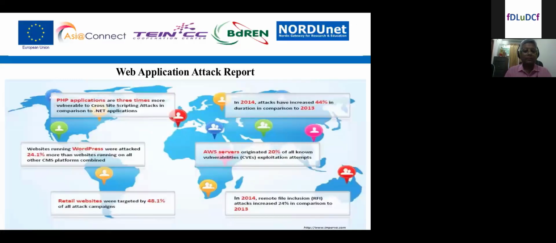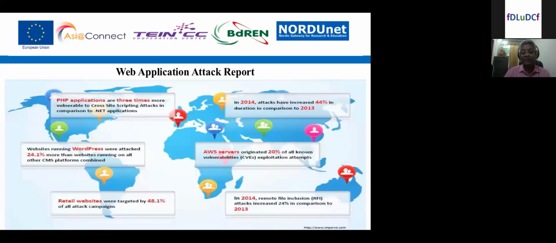So now, regarding web application, how is the hacker working with web application attacking? If we see the different types of web applications and the percentage of attacks, websites running WordPress have an attack percentage of 24.1, and retail websites are targeted by 48.1%.